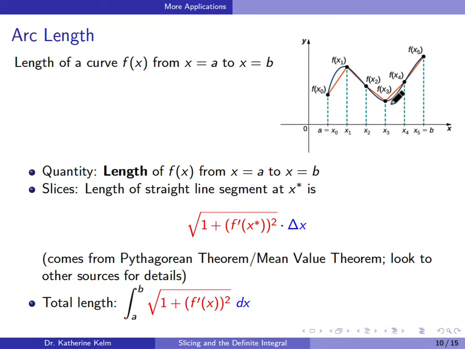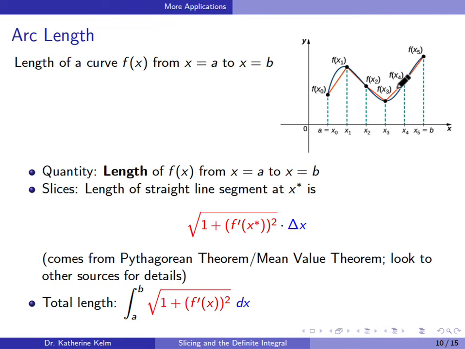That will form an estimate of the arc length. The more subdivisions we use, the closer this straight line estimate will become to the actual arc length. So in the limit, we will get a definite integral, which will tell us the exact arc length.